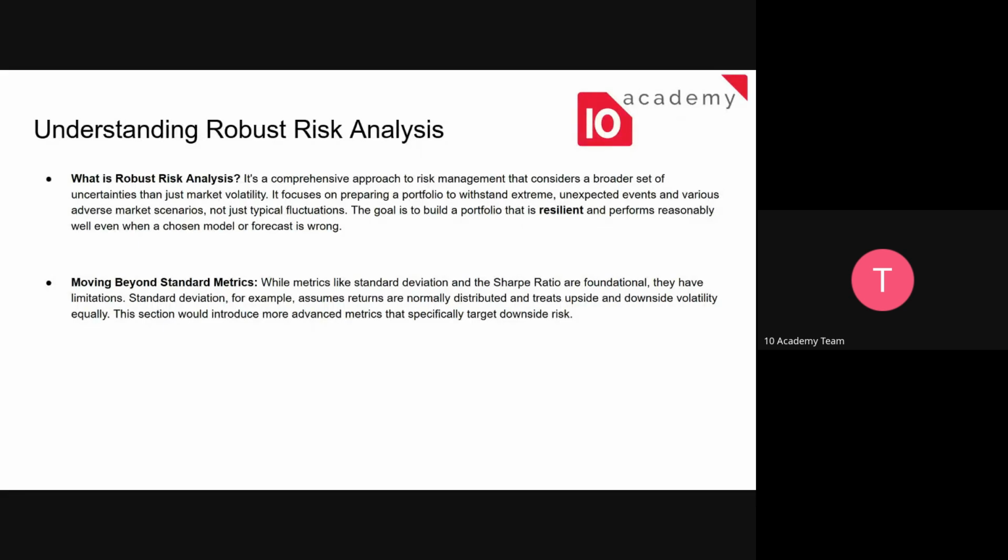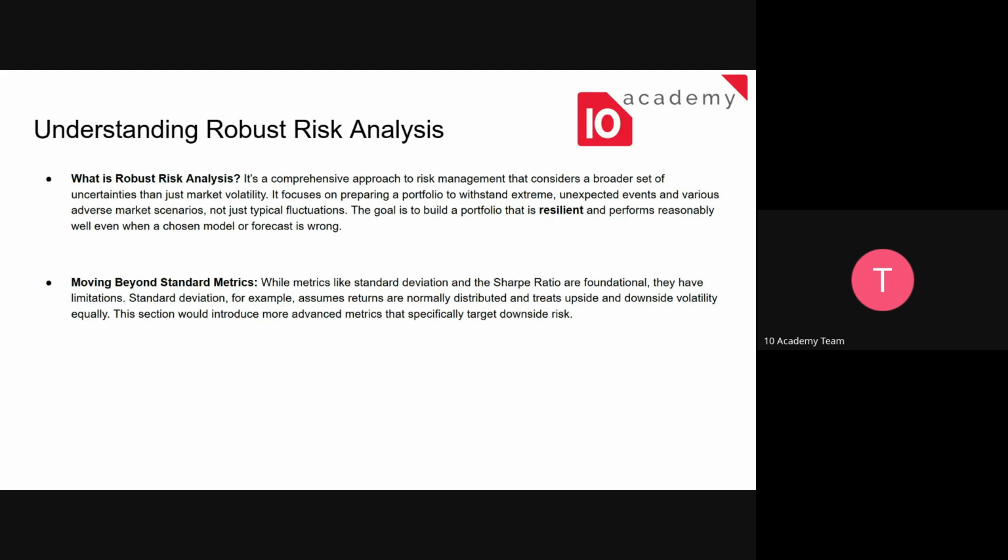While metrics like the standard deviation and the Sharpe ratio might be foundational, they have limitations. The standard deviation always assumes returns from a market are normally distributed and treats upside and downside volatility equally.